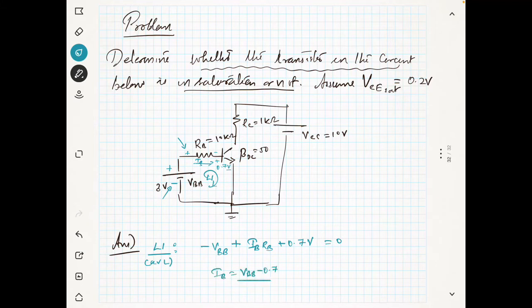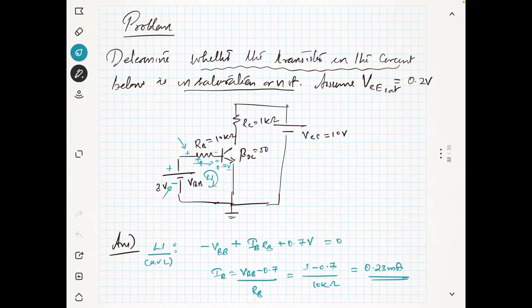So IB is equal to VBB minus 0.7 divided by RB. You will get 3 minus 0.7 divided by 10 kilo ohm, which is 0.23 milliampere.